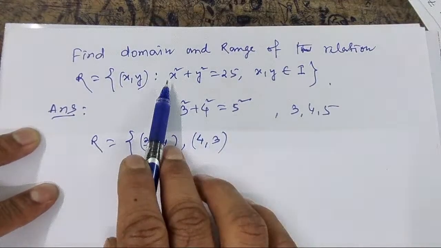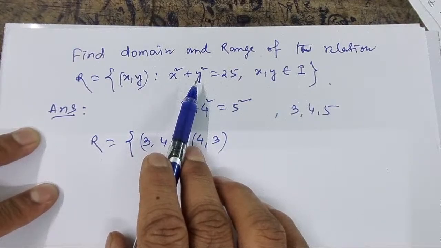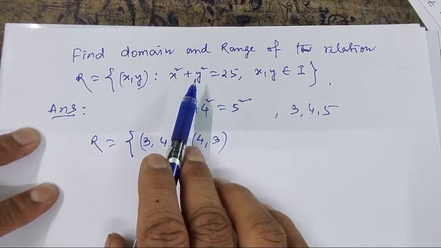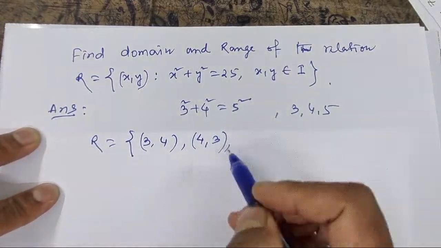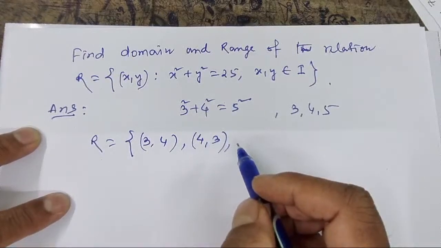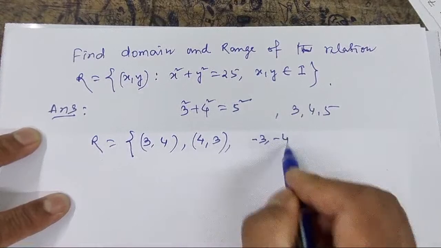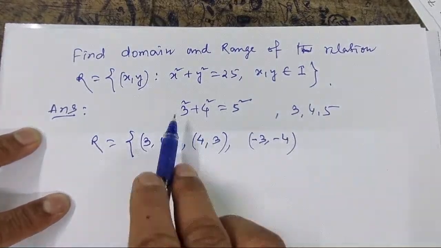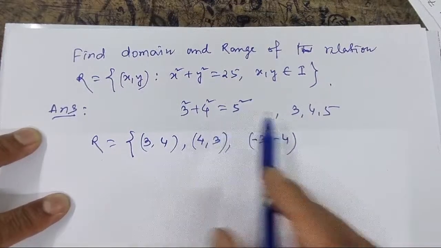That means x, once you can take 3, once you can take 4, right? If you take minus 3, minus 4, also possible, because minus 3 whole square plus minus 4 whole square equals 5 square, 25.